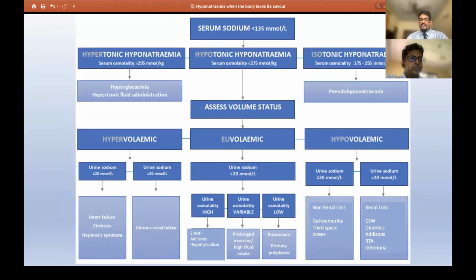If that is the case, then you need to judiciously correct hypokalemia depending on the severity. Let's say if somebody has 1.5 or 1.4 millimoles per liter, that is life-threatening hypokalemia, and you will have to add potassium into the saline.